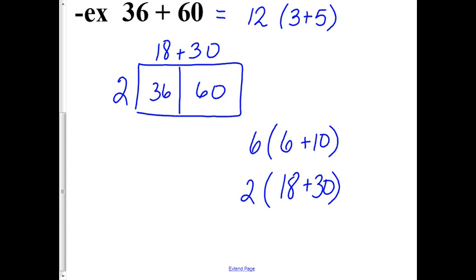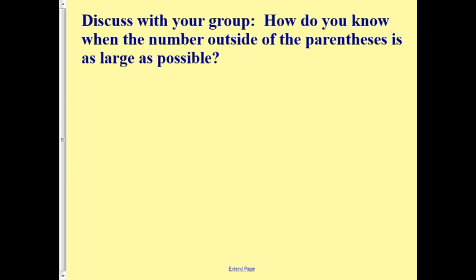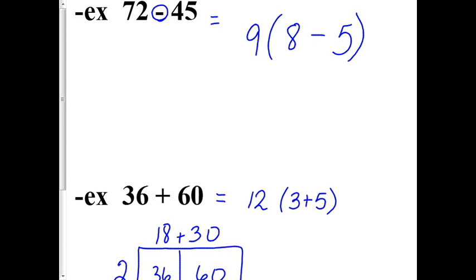So that brings up the question then, how do you know when you have the best factorization? Well, the way that you know is because you have the biggest number outside of the parentheses possible. In other words, you have the GCF outside of the parentheses. But how do you know then that you do have the biggest number? Well, the best way to know that is if we go back and look at the examples we did.